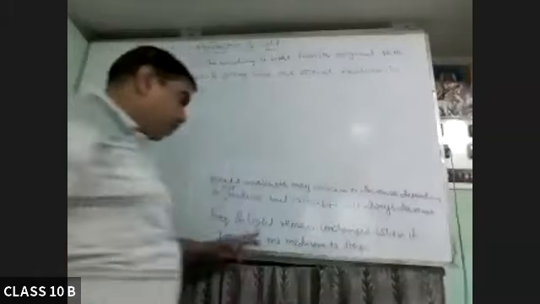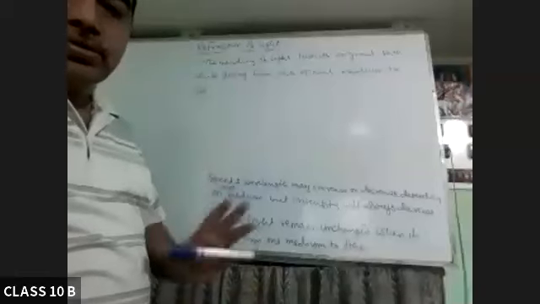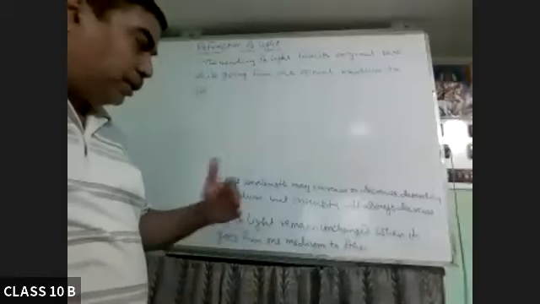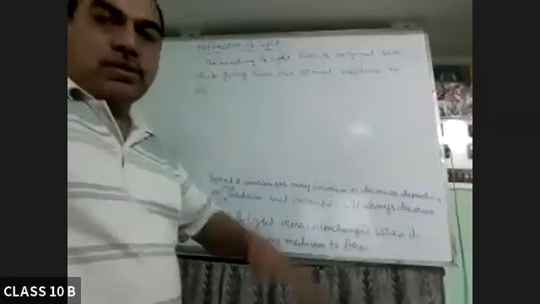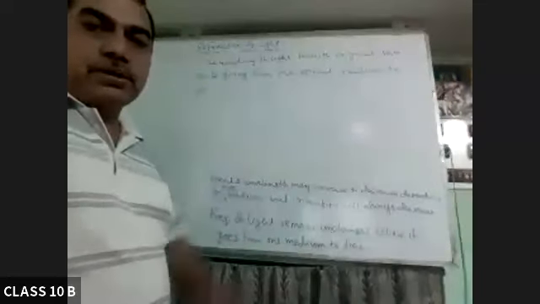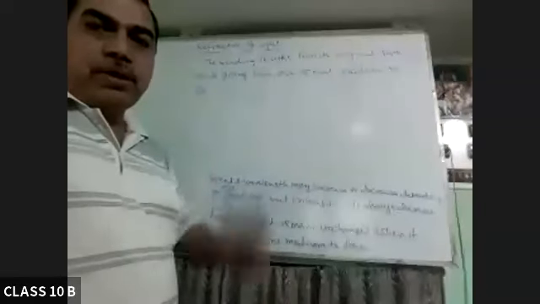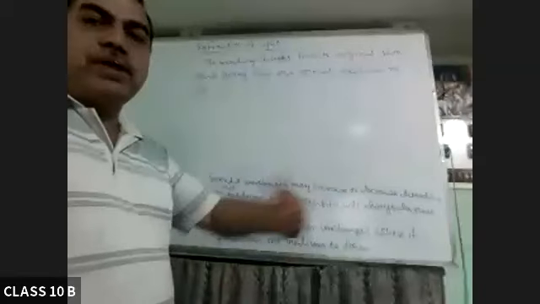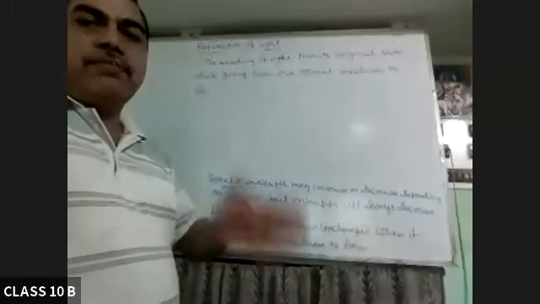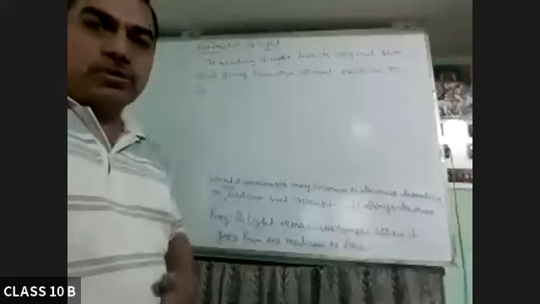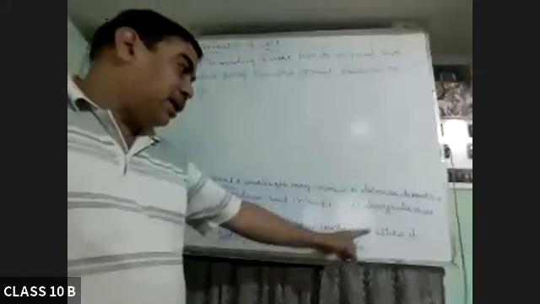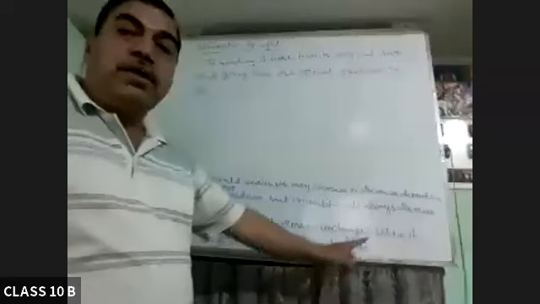But frequency depends only on the source. Suppose we are striking the water surface, you may strike very slow or very fast. That will depend only on you. So how many waves are produced per second depends on the source, how you are striking. So frequency of light remains unchanged because it depends only on the source.